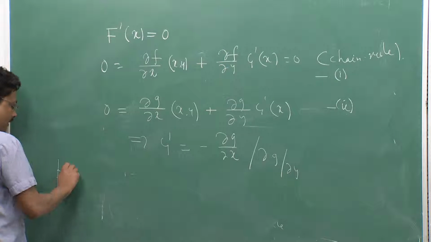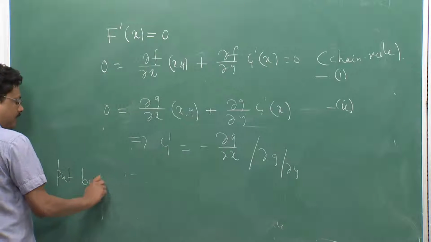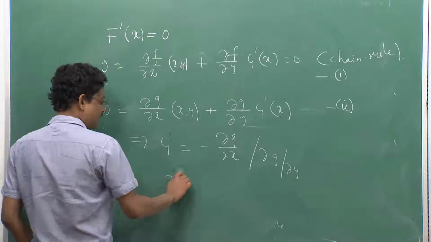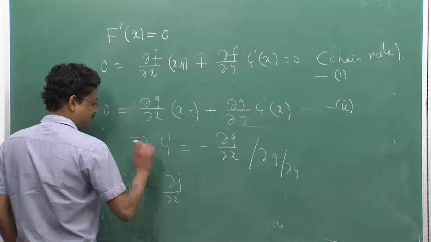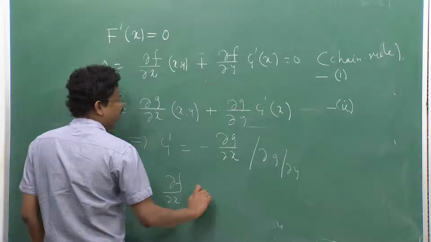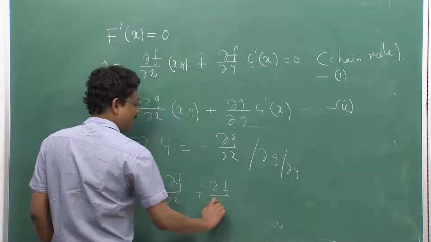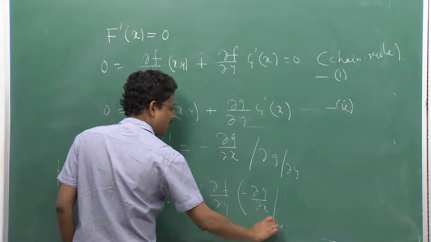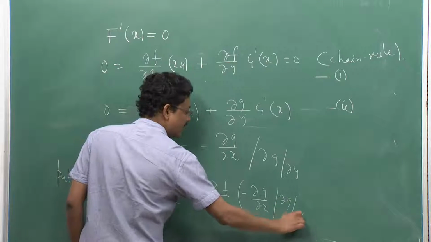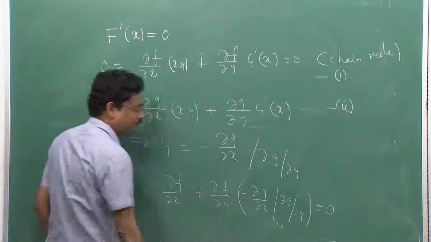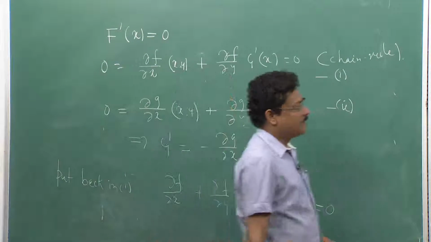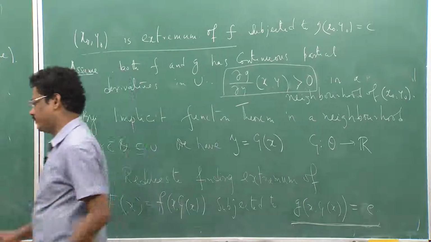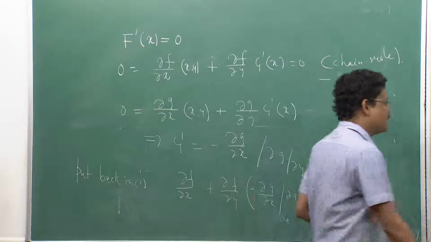So, put it back in 1, that will give us what? ∂f/∂x plus ∂f/∂y into minus ∂G/∂x divided by ∂G/∂y, and this is equal to 0. Now, I am dividing by ∂G/∂y, but I have assumed it is greater than 0, so this calculation is valid.